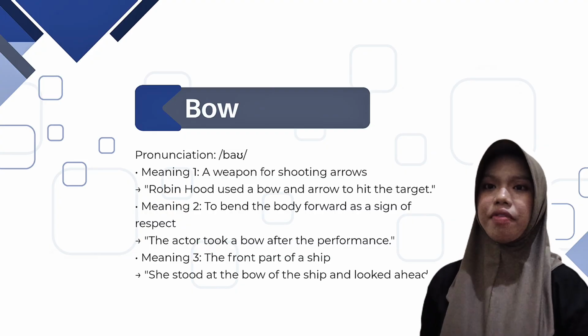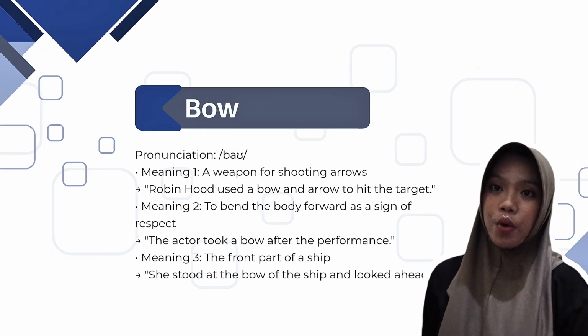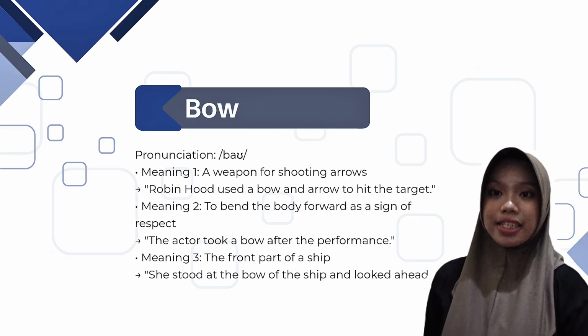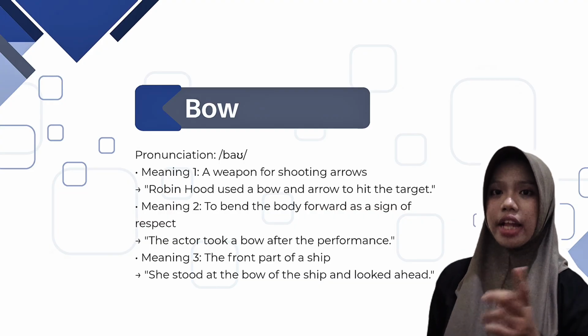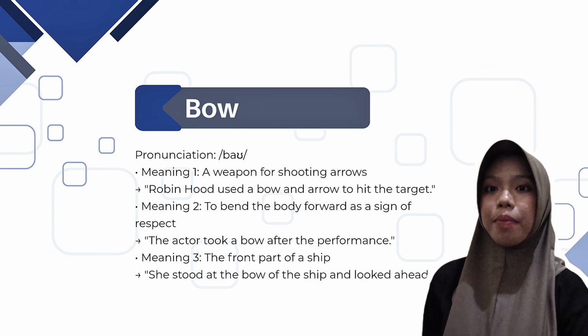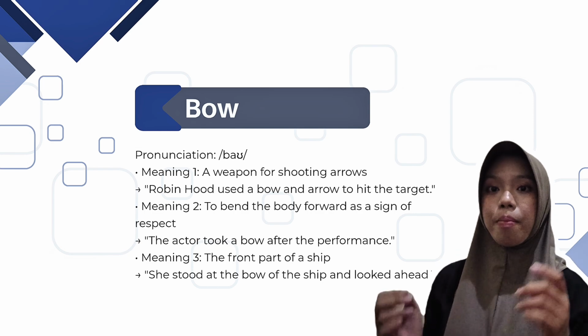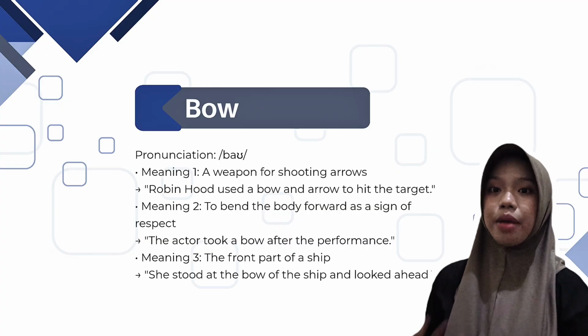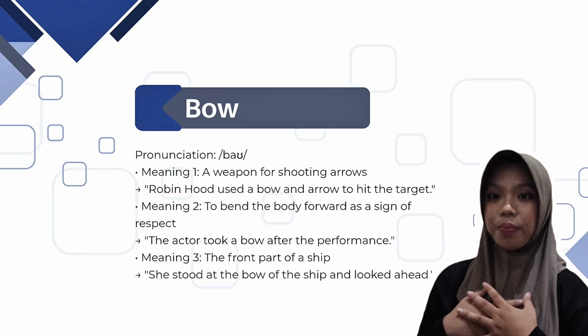This word has several meanings. First, bow can mean a weapon used for shooting arrows. For example, he shot an arrow with a bow. Second, bow can mean bending your body to show respect. For example, I bow to my teacher.